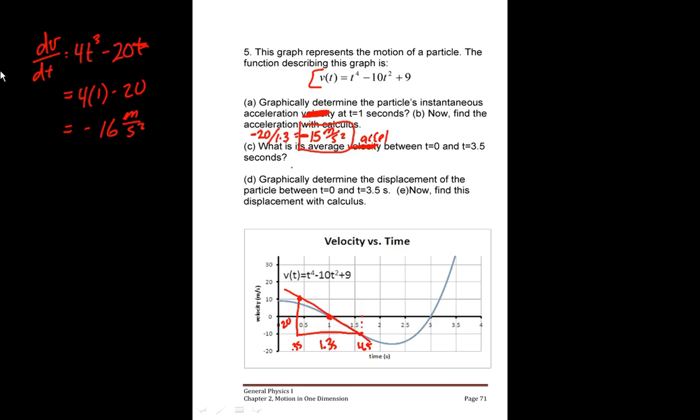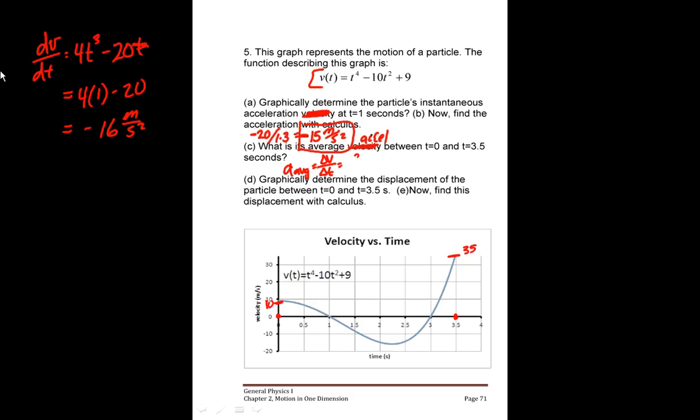All right, the average acceleration equals delta v over delta t, and between 0 and 3.5, between here and here, my v final is going to be 35, and v initial is 10.